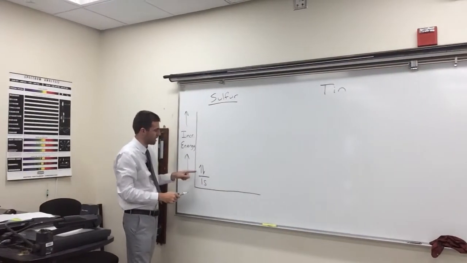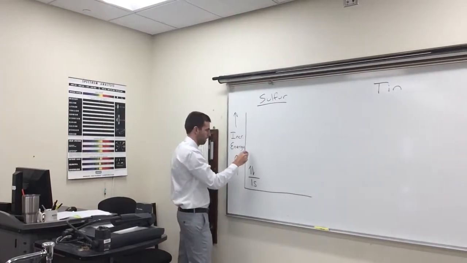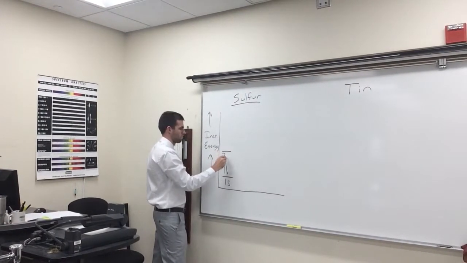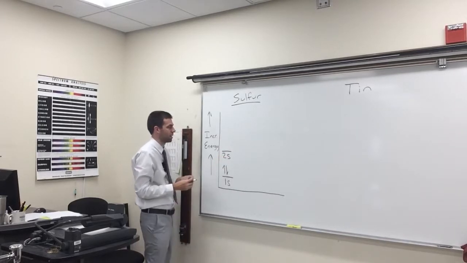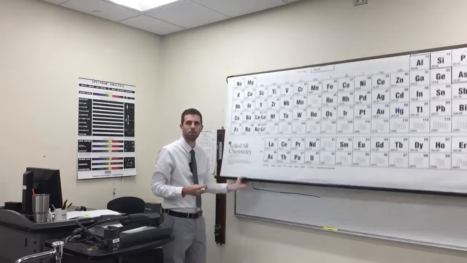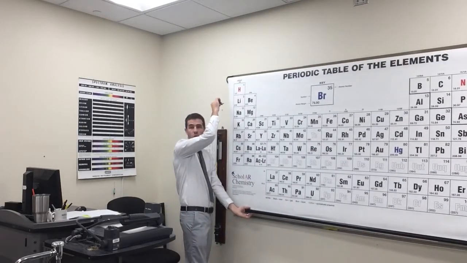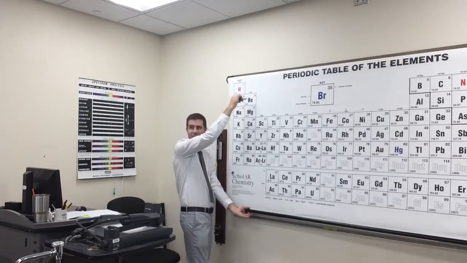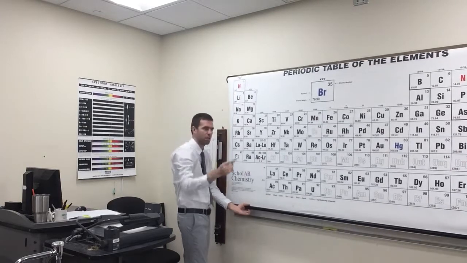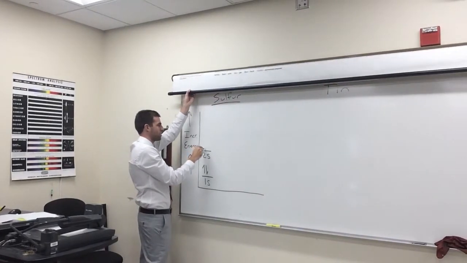Now, if we look at that sheet, what's the next one up? 2s. And if you look right here, what's after 1s? What's the next? Row 2s, right? So what can we write there? 2s, we can put 1, 2 electrons.